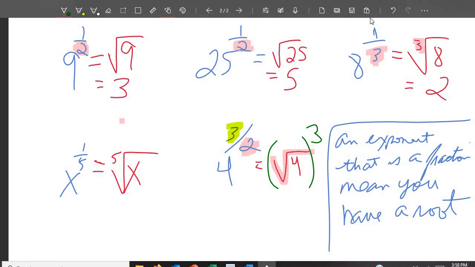The bottom is the square root. You take the square root, and then whatever that top is, I'll highlight that 3, you raise your answer to that power. That's a little different, but you always do what's in the bottom first.